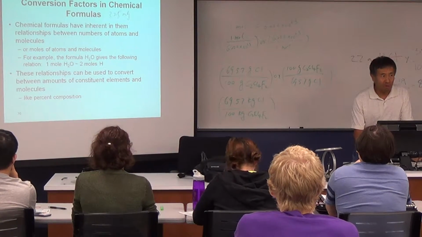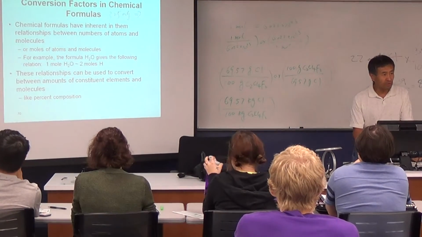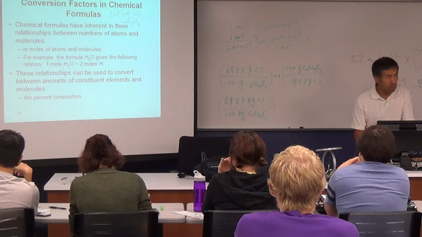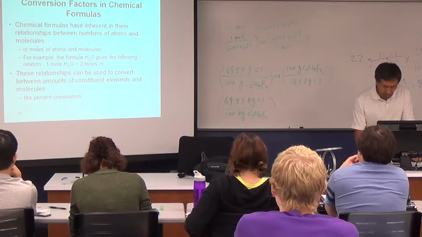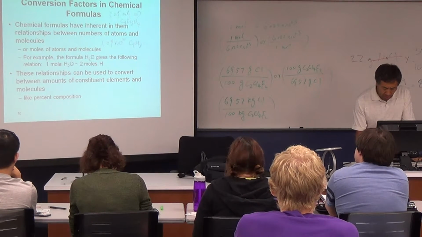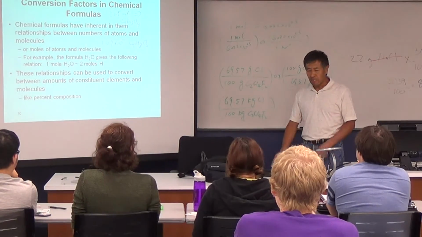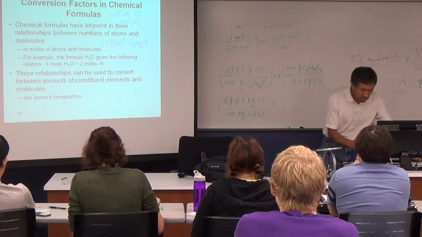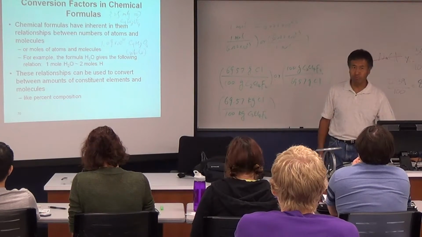Using a couple of steps, you find in that much aspirin, C9H8O4, you have 1.09 times 10 to the 21 molecules of C9H8O4. You can put this in parentheses as a whole.